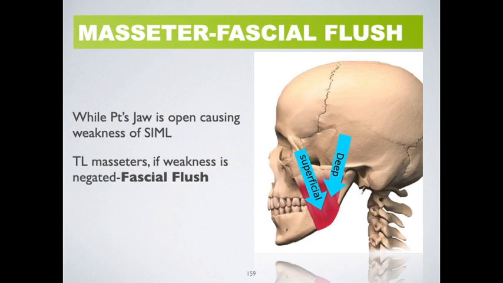We start with the masseter, and the patient will TL both masseters, and if it negates the opening weakness, or the opening causing the weakness of the SIM, then we isolate side to side, and that's the muscle that gets fascial flush.